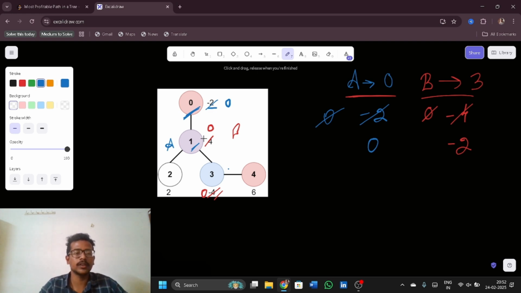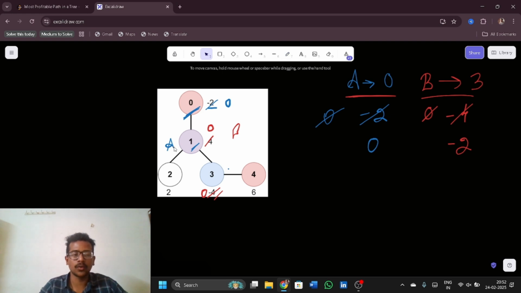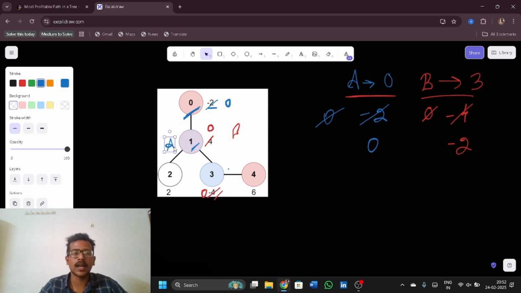But before that, Alice is at node 1, Bob is also at node 1. Where does Alice go? Alice can go here, he can go here. But if he go here, then he would get a profit of only 2.